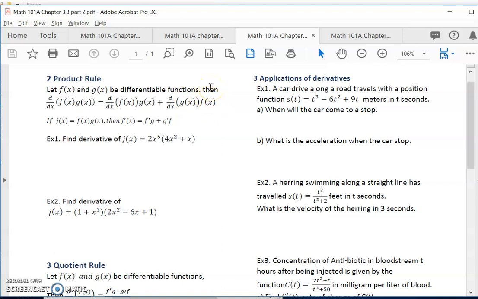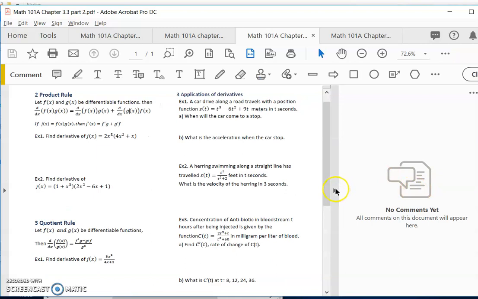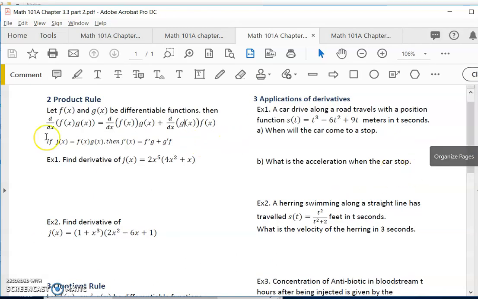In a nutshell, say the function is written as j of x, the first factor is f of x, and the second factor is g of x. It doesn't matter; you can rewrite them.